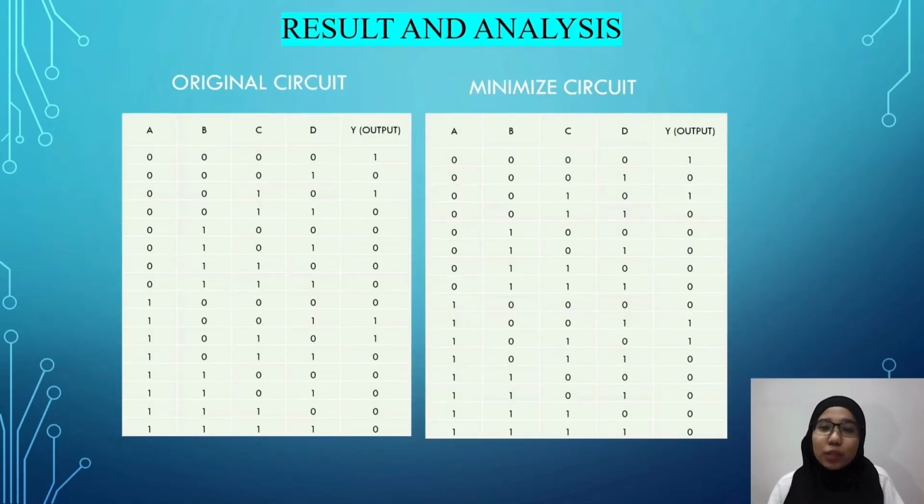This method was proven by comparing the original circuit truth table and the minimized circuit truth table. What we identified is that the output of these two circuits is completely the same, which means this method can be used to minimize the original circuit without changing the original output.